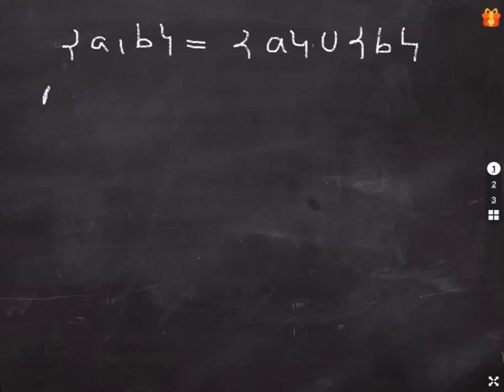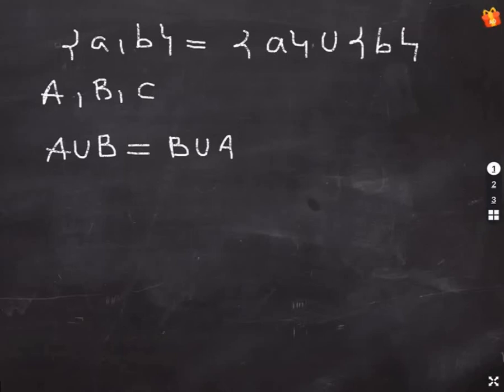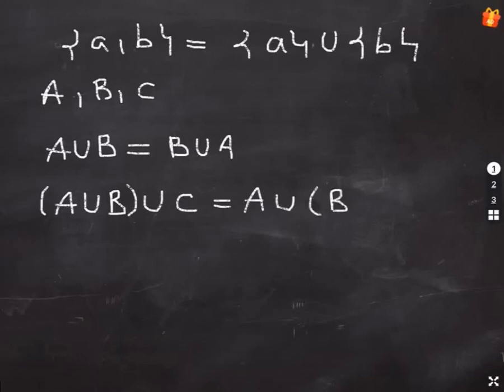So we have these three sets, A, B, and C. And we have that A union B is the same thing as B union A, but also associative, so that you have the union of A and B, and we make a union of that with C. That thing turns out to be the same as A union the union of B and C.